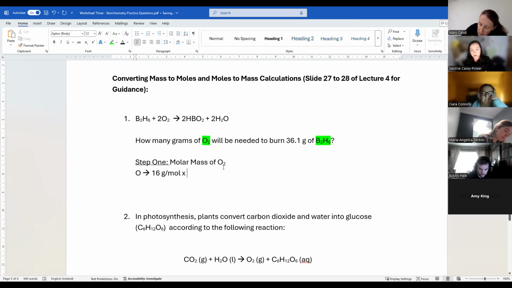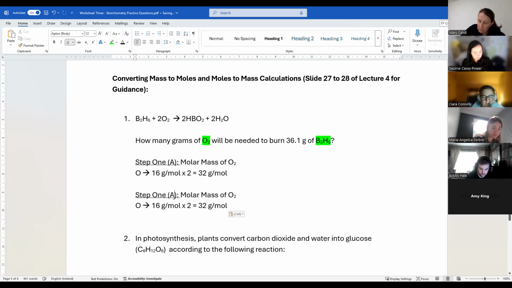In oxygen gas, I have 2 atoms of oxygen, so I'm going to multiply that by 2. And that will give me 32 grams per mole in total for oxygen. Everyone can see where I got that from, yeah? Perfect, okay. So we'll call it step 1, A and B.